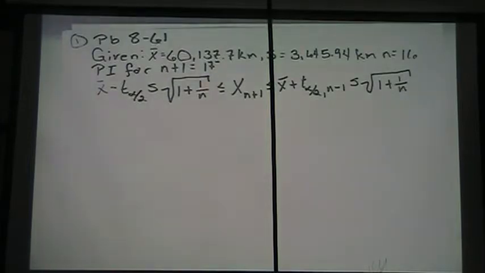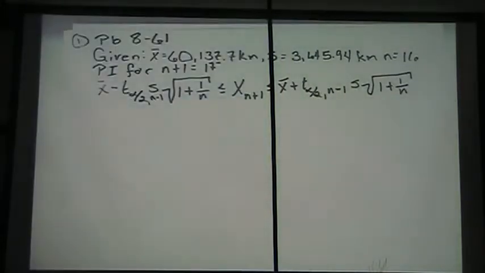Okay, well, we have all our numbers except t alpha with n minus 1 degrees of freedom.